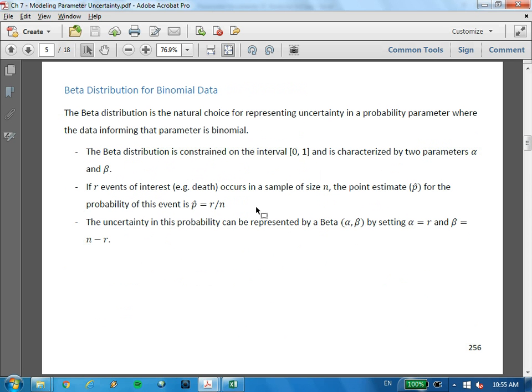So for each parameter, we need to use a distribution that's suitable for the parameter.